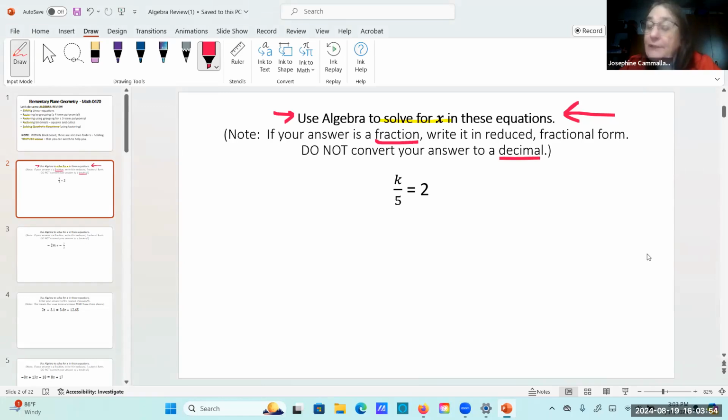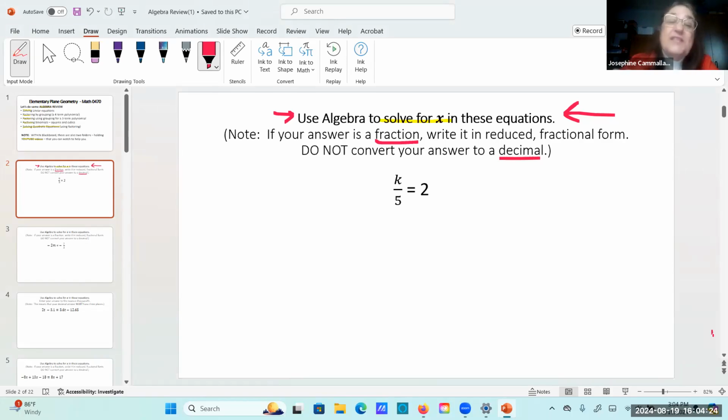Some of you are going to get very frustrated with mom because you are going to expect that you are going to have a correct decimal in this particular case. Well, mom isn't going to take it. Unless mom asks you for it, do not give it.